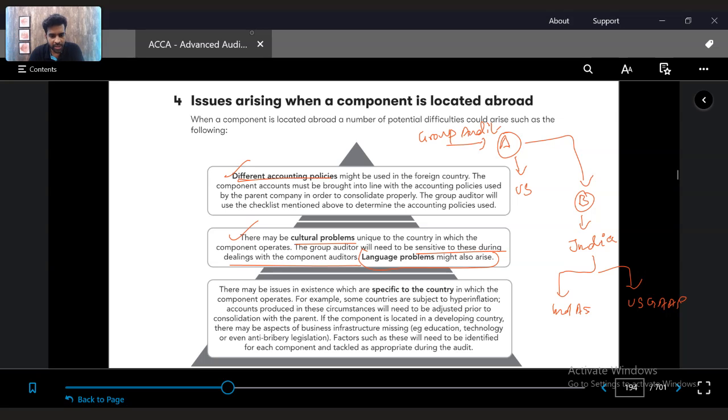So for Indian audits it's easier, because from a regular reporting perspective we follow the English language only. But there are countries which do not follow English at all, and reading that language is very difficult. In the Middle East, they follow Arabic, so certain contracts will be completely in Arabic, and you need someone to read that language.